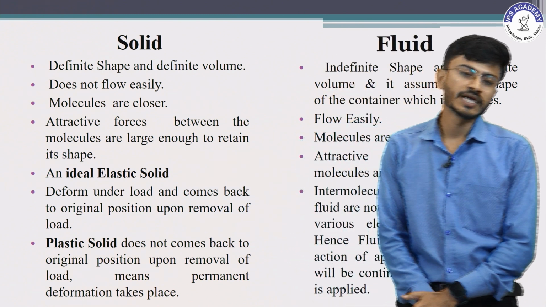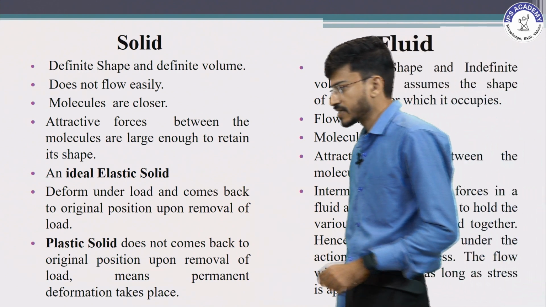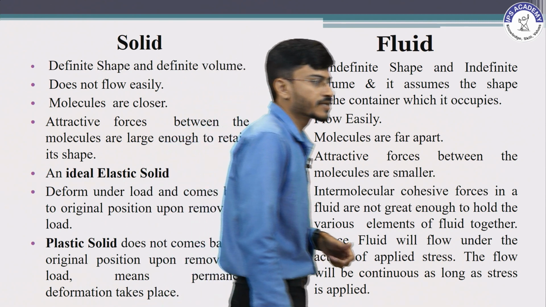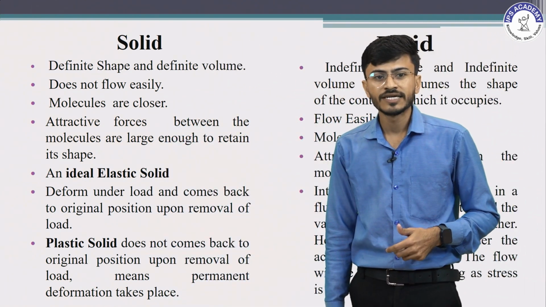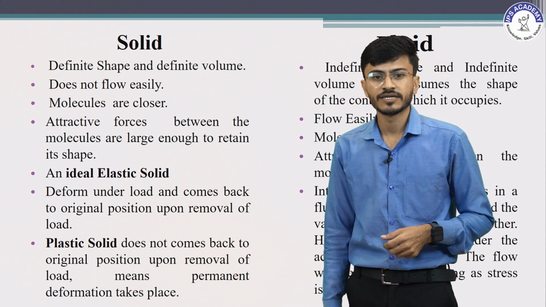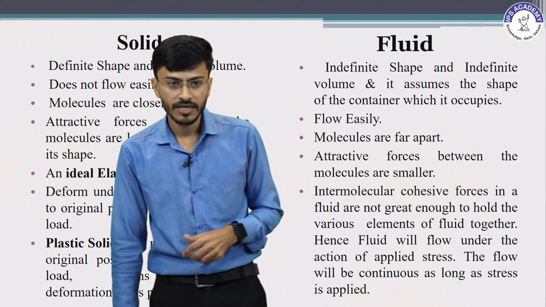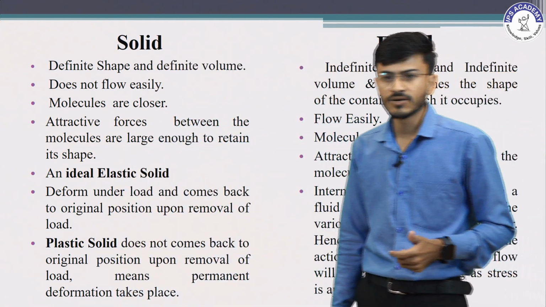Before coming to the basic properties, we must know about solids, fluids, and gases. What is a solid, what is a fluid, and what are gases? Solids take definite shapes and definite volume, and they do not flow easily. If we look at the molecules of a solid, they are very close.